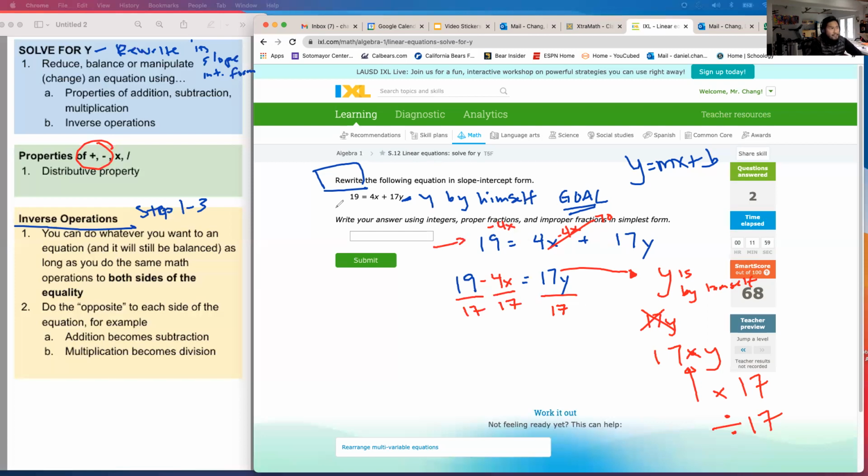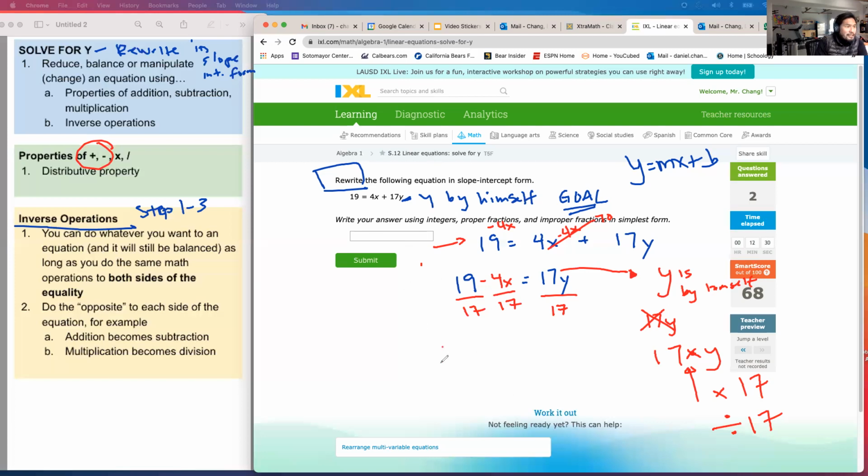But when I do multiplication or division, I have to divide each term on the other side of the equality by 17. Okay, so I want you to notice that. If you're doing addition or subtraction, you can just subtract or add that term to the other side of the equation by itself. But if I'm multiplying or dividing, I have to do it to each term in the expression.